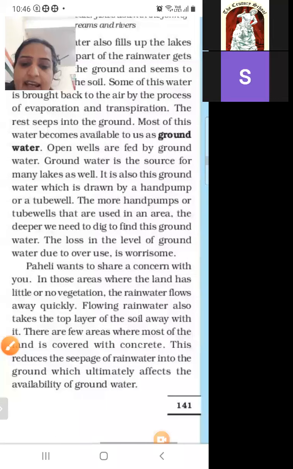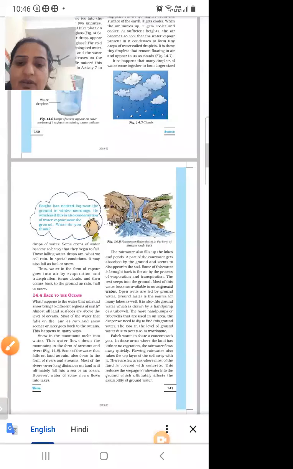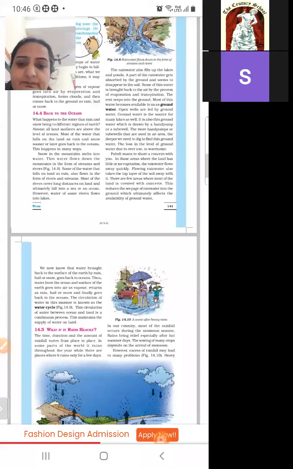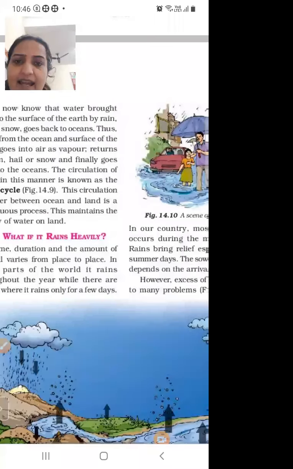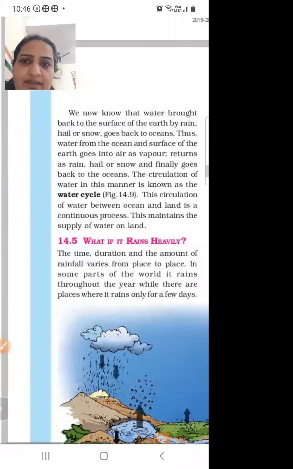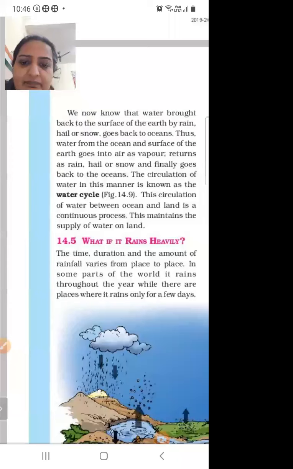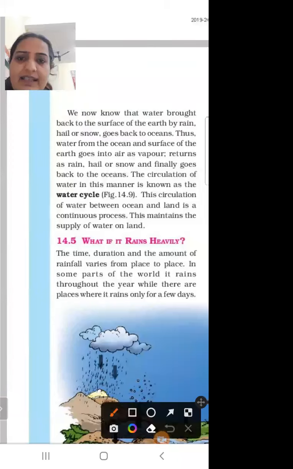So next, we know that water is brought back to the surface of the earth by rain or hail or snow, or goes back to the ocean.